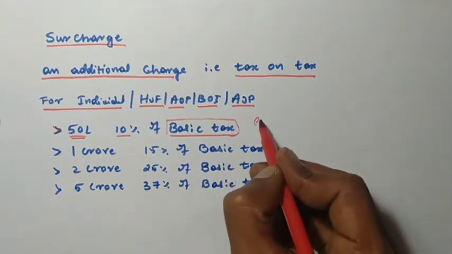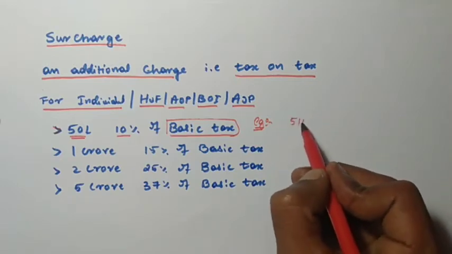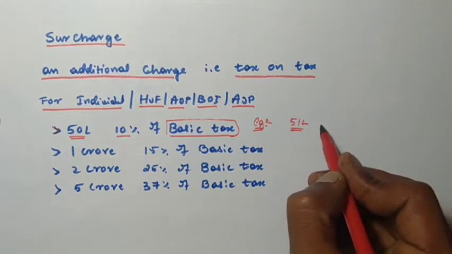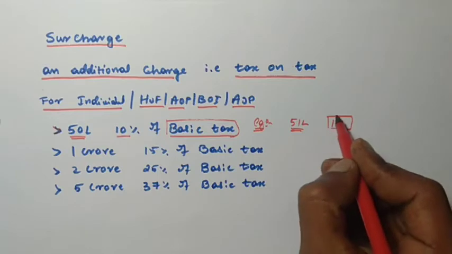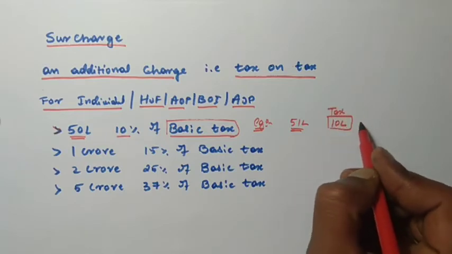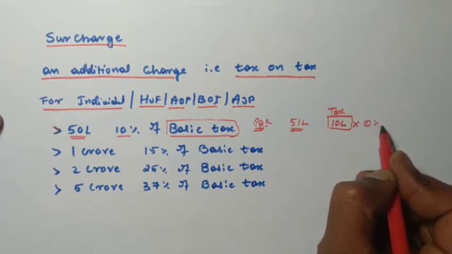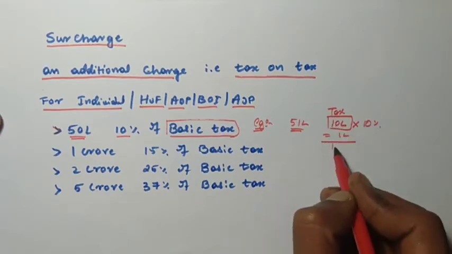For example, if I earn 51 lakh rupees and pay 10 lakh rupees as tax, on this tax amount I should pay extra tax of 10%, that is 1 lakh. Total tax will be 11 lakh.